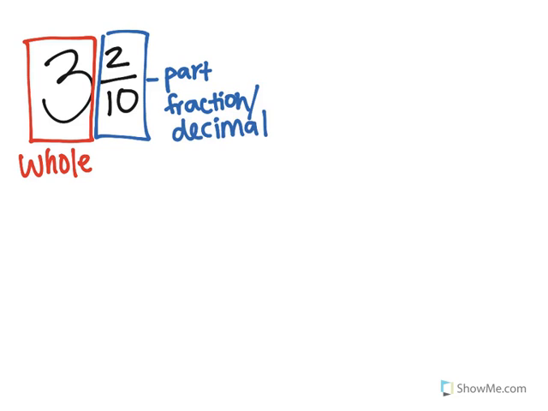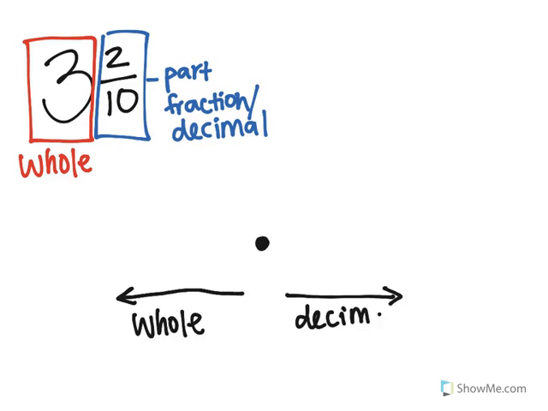So it's not a full whole. So remember, when I am creating a decimal, on the left of the decimal, I have my whole numbers, and on the right of the decimal, I have my decimals or fractions.